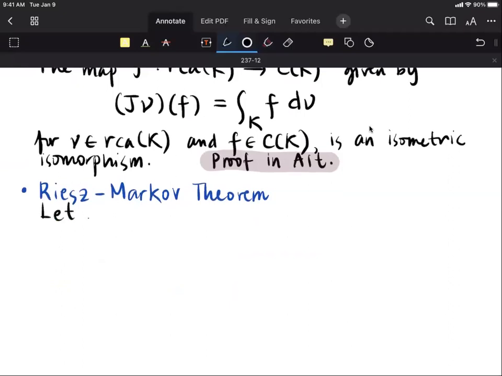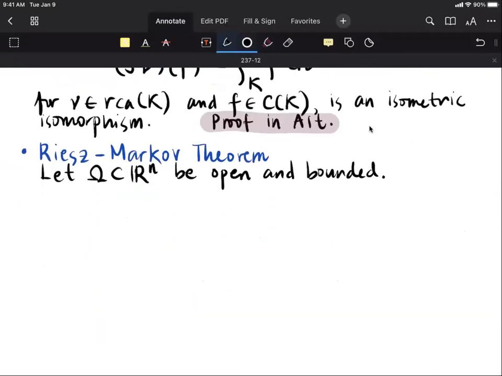Let us change notation: omega, let's say open and bounded. We call C naught omega the space of all functions that are continuous in omega with a compact support.